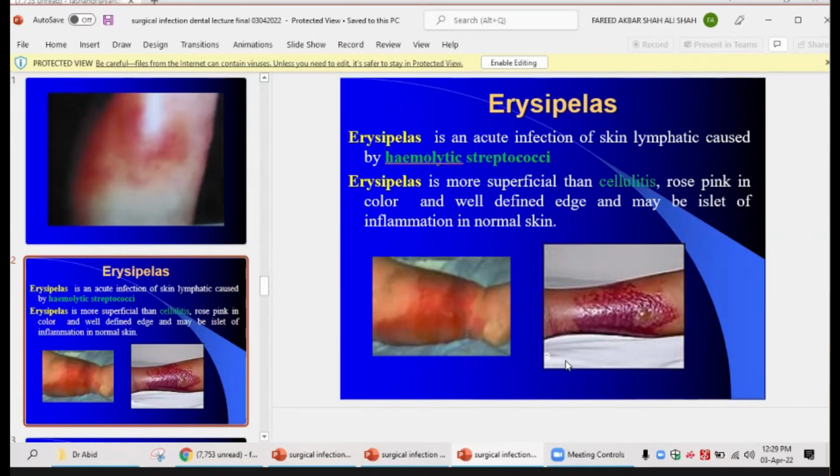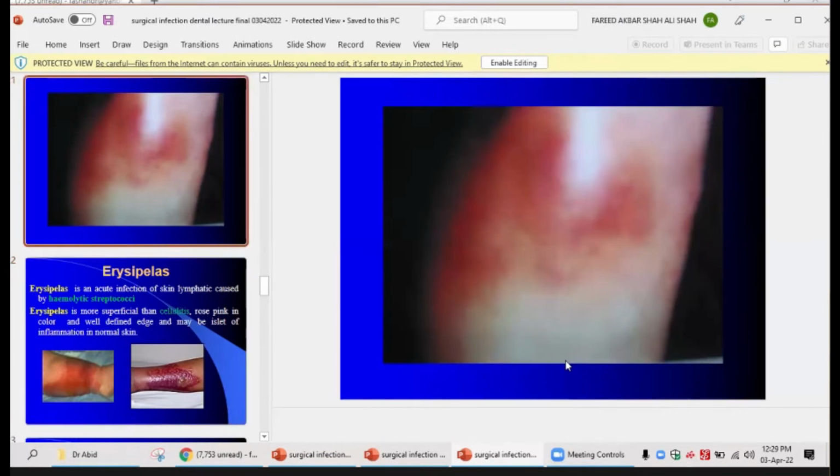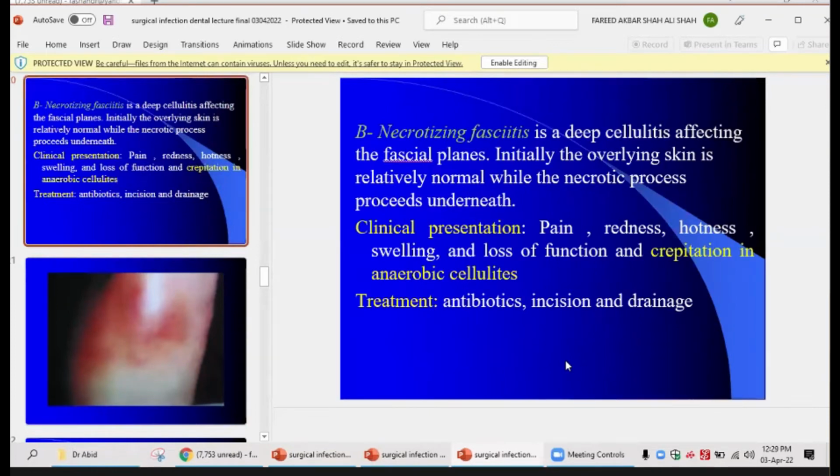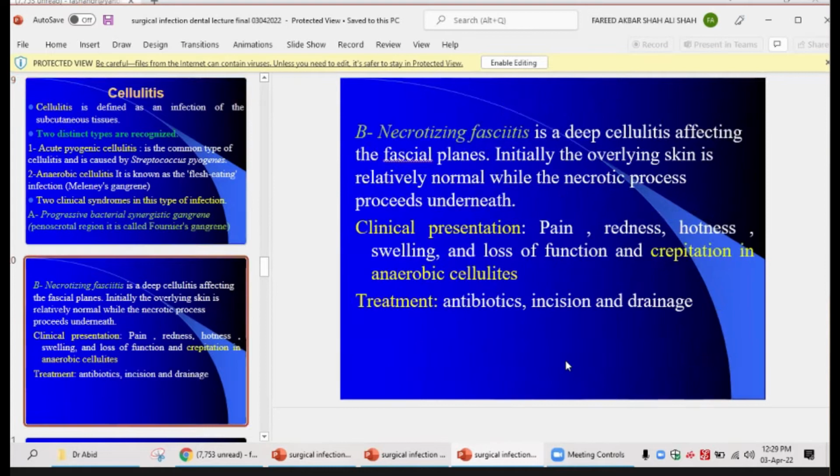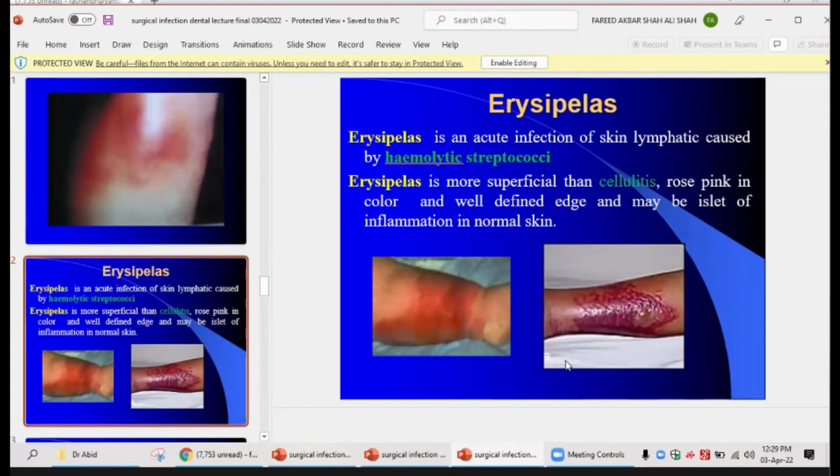Erysipelas is caused by beta hemolytic streptococcus, whereas cellulitis is caused by staphylococcus. Sorry, it is Streptococcus pyogenes that causes cellulitis, and erysipelas is caused by beta hemolytic streptococcus.